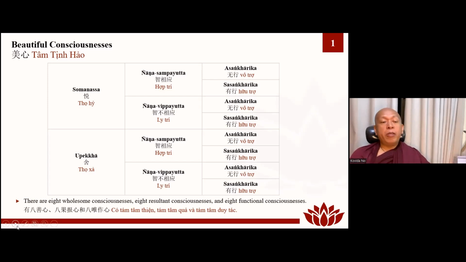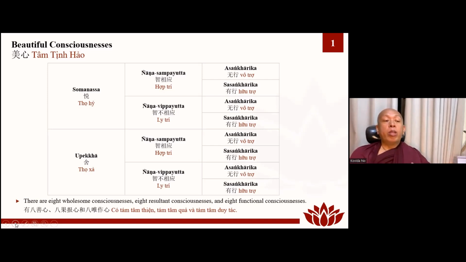That is why we have 24 types of consciousnesses, right? 8 wholesome consciousnesses, 8 resultant consciousnesses, 8 functional consciousnesses, altogether 24 beautiful consciousnesses. This is for the sensual sphere, for sensual beings.